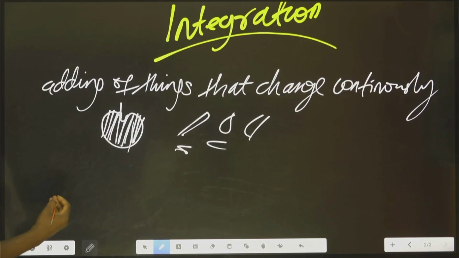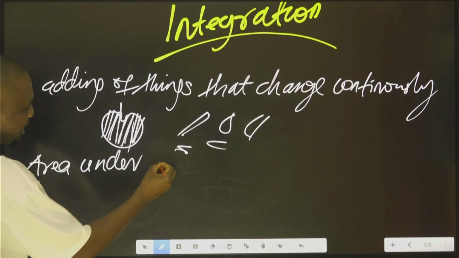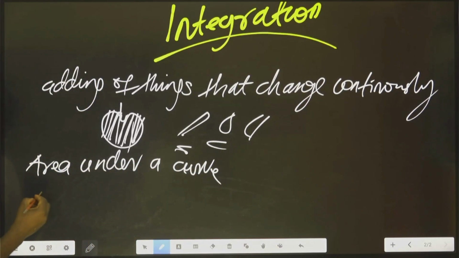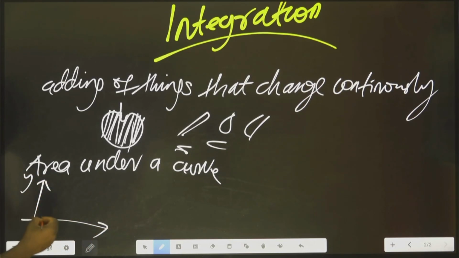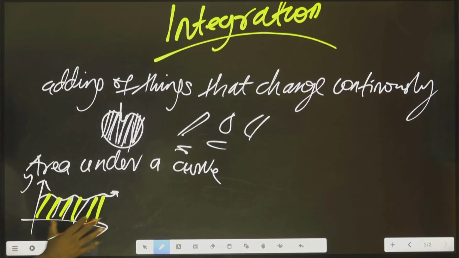We are talking about, say, area under a curve. Say, for instance, this is X and Y axis. Say you have this now. You want to calculate this area under this curve, and this curve represents a function. You can use integration to do this.